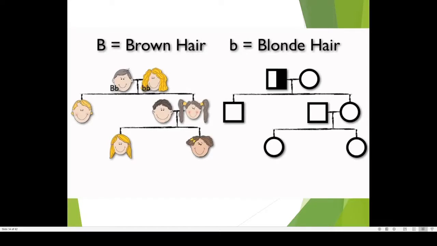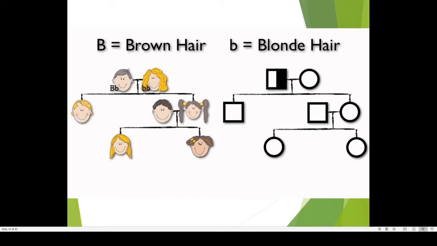So here we use the brown hair and blonde hair with capital letter B and small letter b. So the father has in his genes both brown hair and blonde hair, even though his hair color is brown.